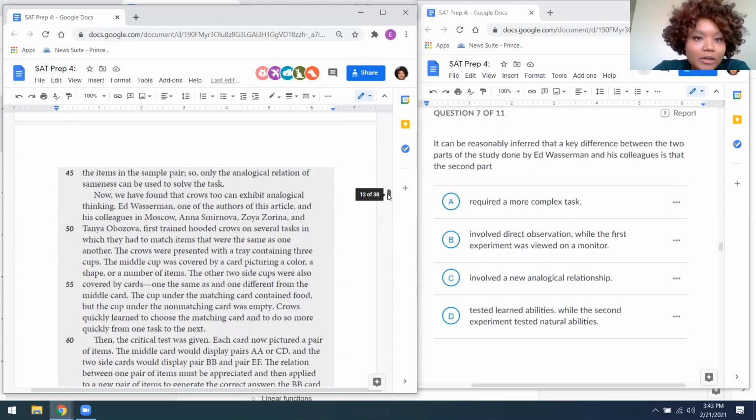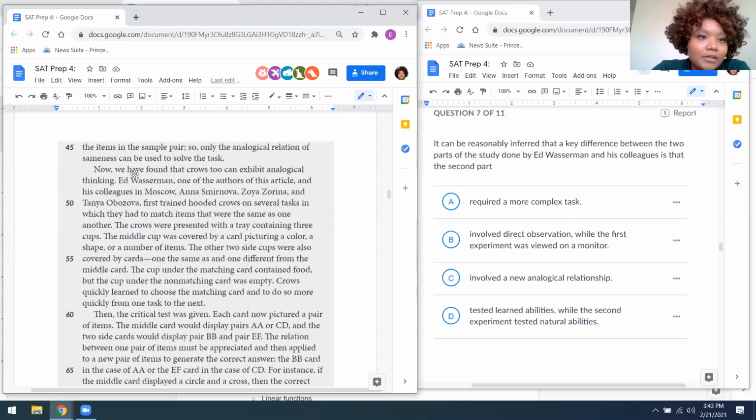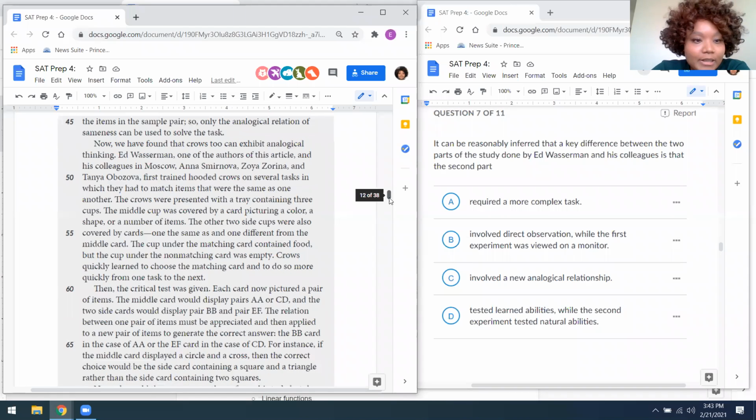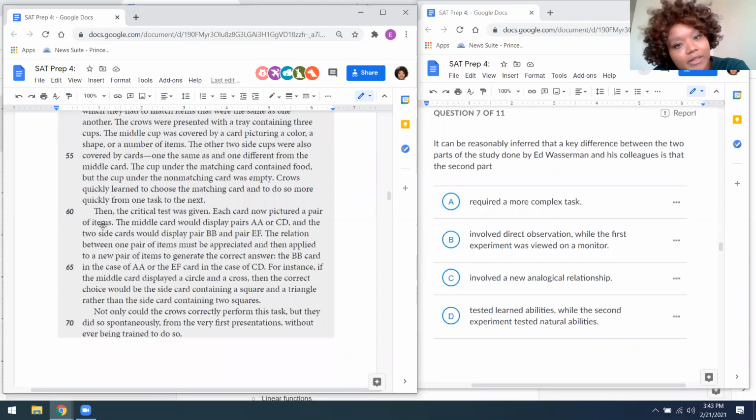Then the next paragraph says, now we have found that crows too can exhibit analogical thinking. Ed Wasserman, that's where you had made a point. So I'm just going to skim it. Crows are presented with a tray, three cups, and so on. Then it said, then the critical test was given.